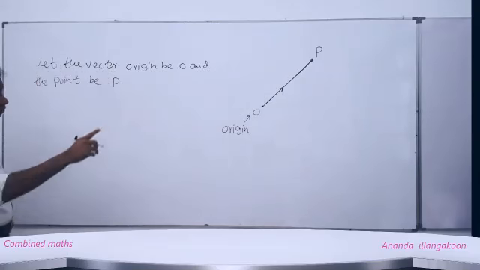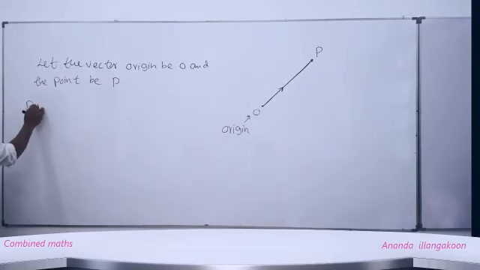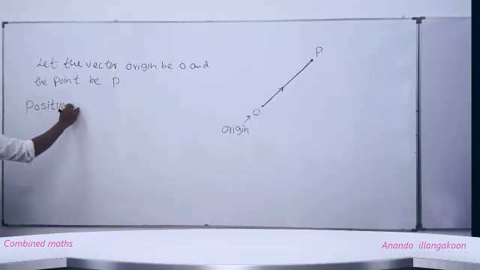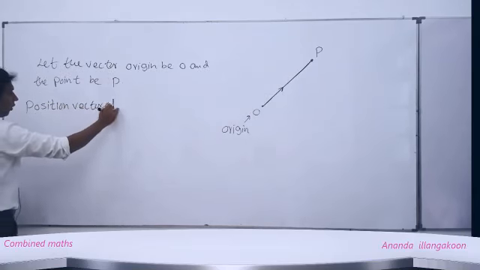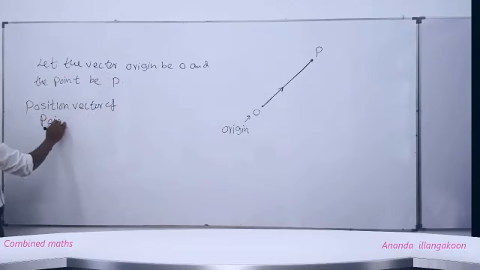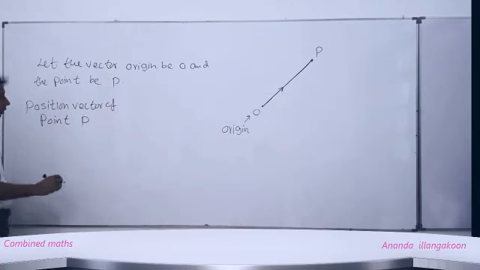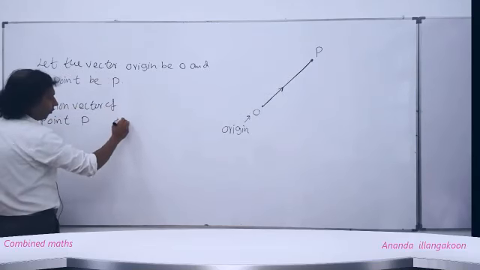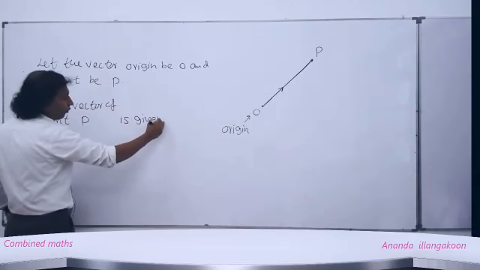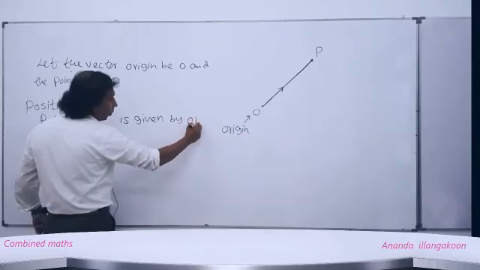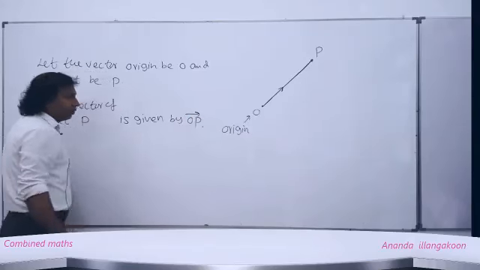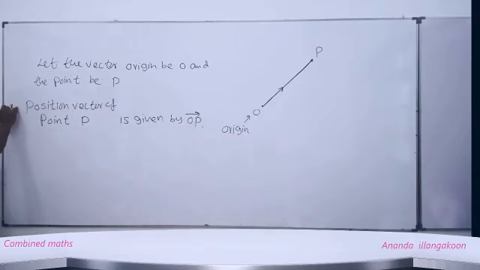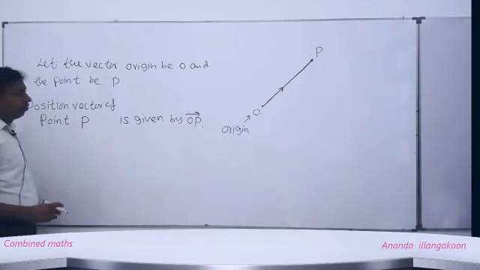Then you can write. First draw this one. Position vector of point P is given by the vector OP. Write down this statement: position vector of point P is given by OP vector.